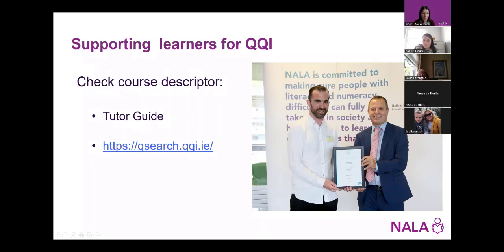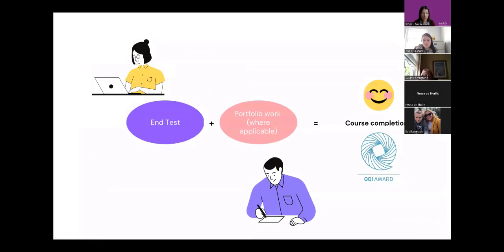And for us then, we need 2 things done to put a learner forward for QQI. On the level 2 and level 3 modules that are QQI affiliated, the learner needs to have completed the end test of the module, so the final test at the end of it. And then if that module has portfolio work, they need to submit that or complete it.